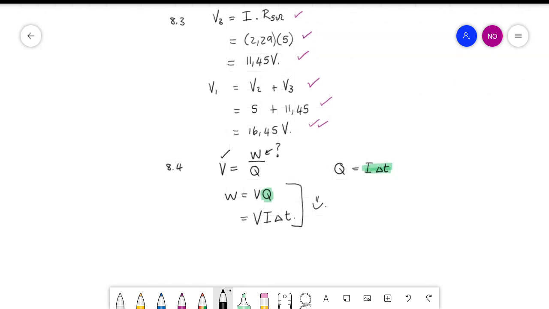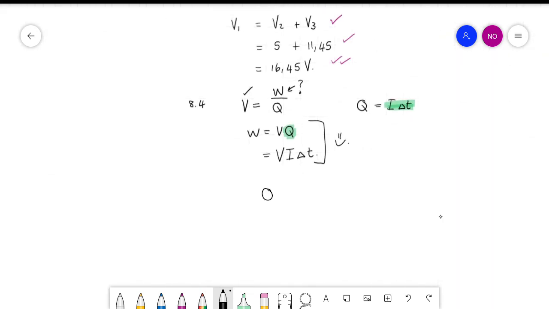I'm going to start off by calculating the charge and say Q is equal to I delta T. They tell you the current is 1,5 and the time is 3 seconds. What is my unit there? Coulomb.